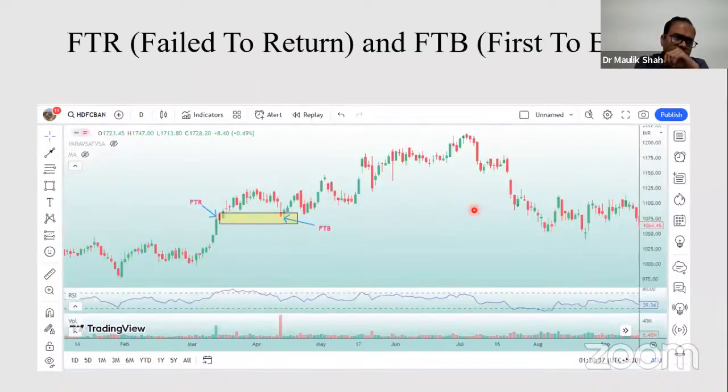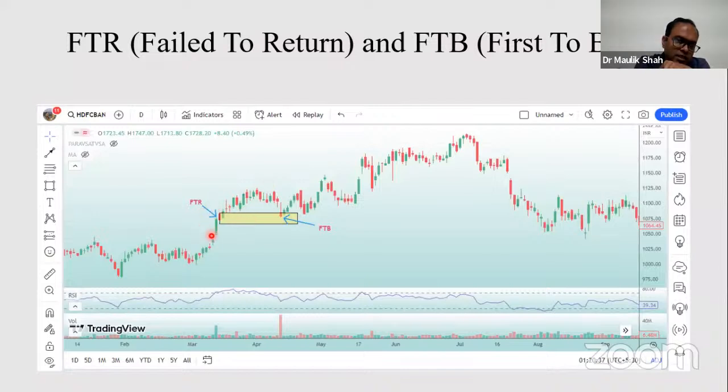Next tool is something like FTR, fail to return, and FTB, that is first to back. We go high. There is one red candle where the price is trying to come back. So first to return, but then again it started rising.